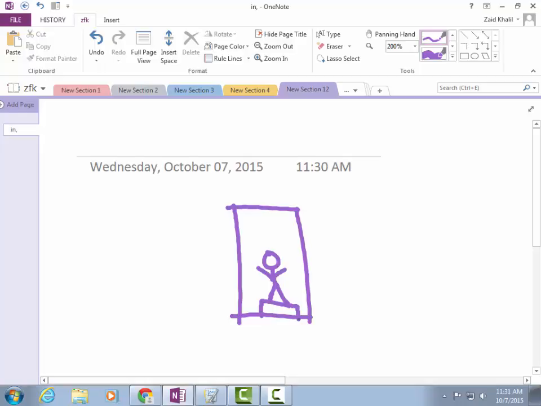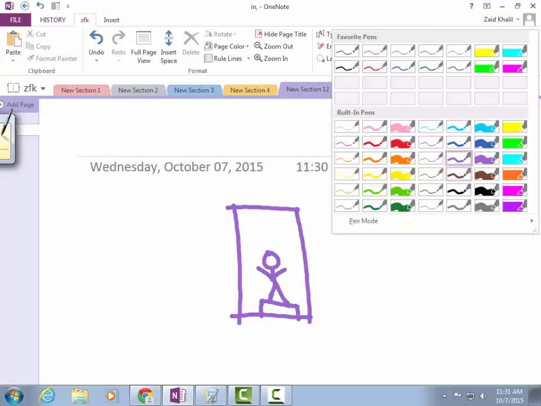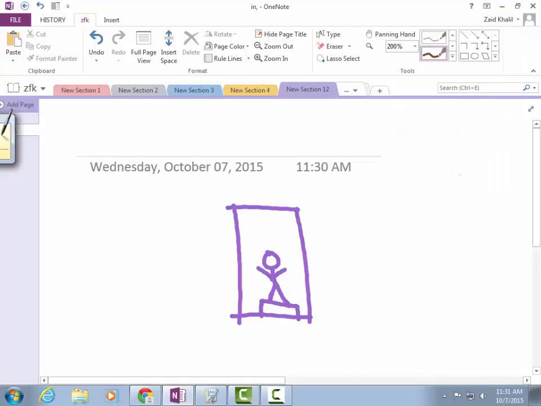Free body diagram. What do we got? Gravity. What else? Normal force. Anything else? Are there any other forces? Is there an applied force on me?